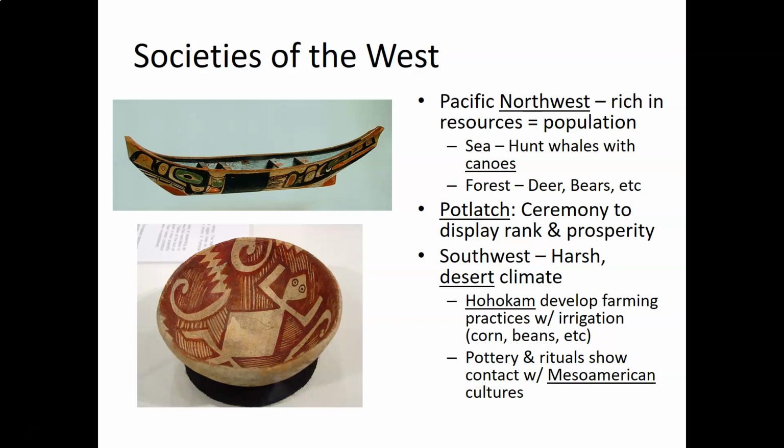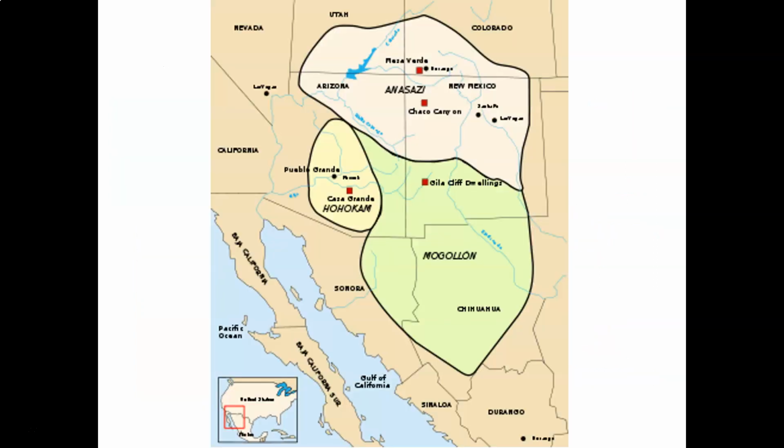And they grew things like corn and beans and etc. We know that the pottery that we found from these people and the rituals that we can see from them show their contact with the Mesoamerican cultures that we're going to discuss in the later sections of this unit.